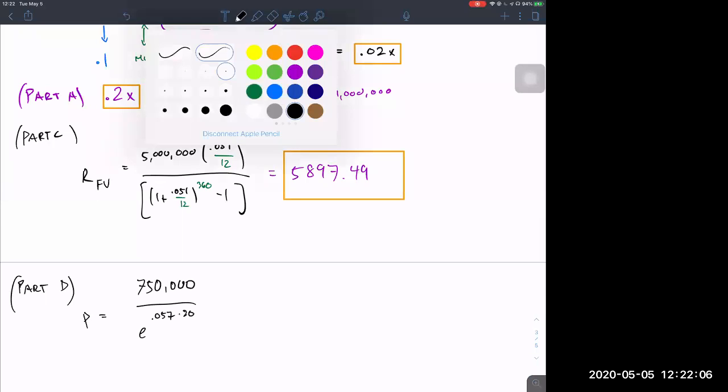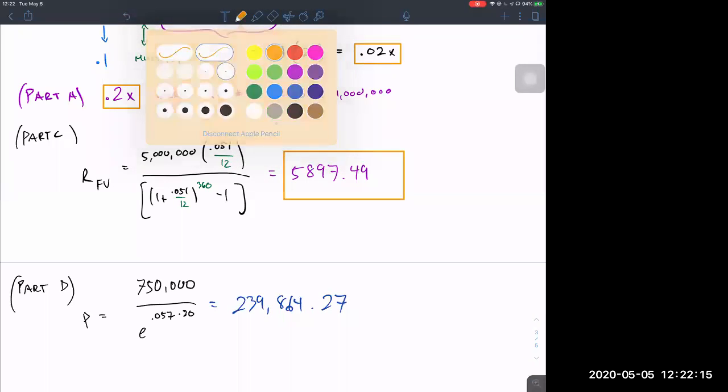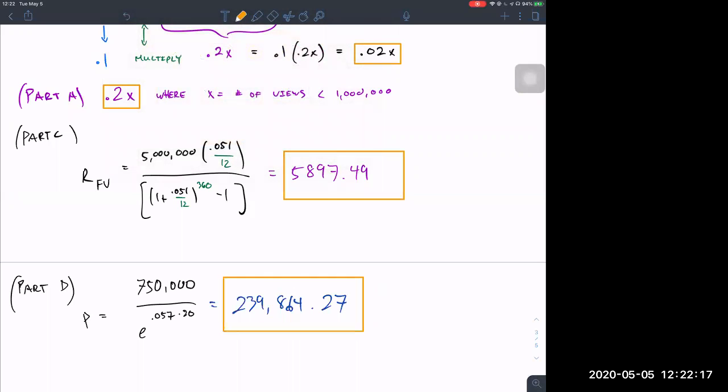And then I'll do this in a different color as well. This one comes out to be 239,864.27.